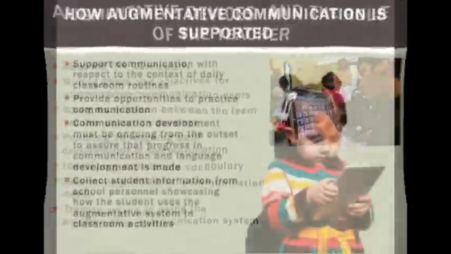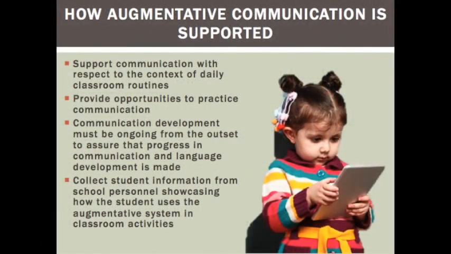So, with respect to the development of ongoing communication skills, the teacher must remember to support communication with respect to the context of daily classroom routines and to provide plenty of opportunities to practice communication.